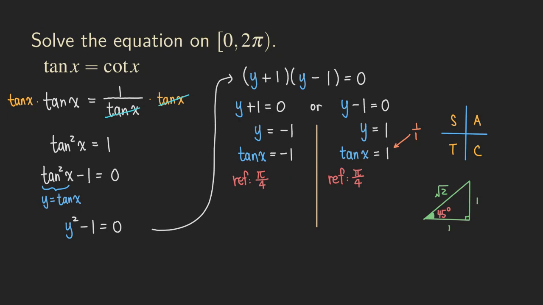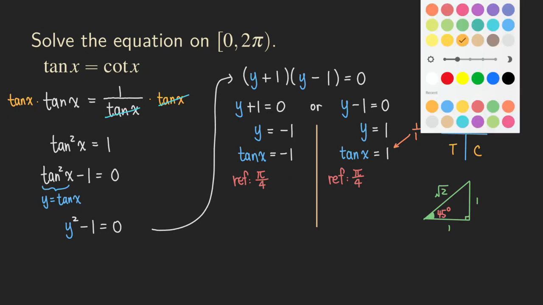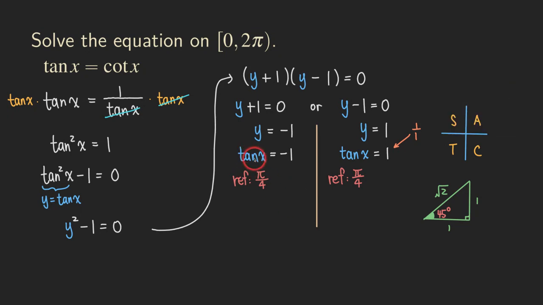That's an easy way for us to remember. And what's going on here? We look at the quadrants. Tangent is positive in the first quadrant and the third quadrant. So that means tangent is negative in the second quadrant and the fourth quadrant, right? So we are having quadrant 2 and quadrant 4 for this case.